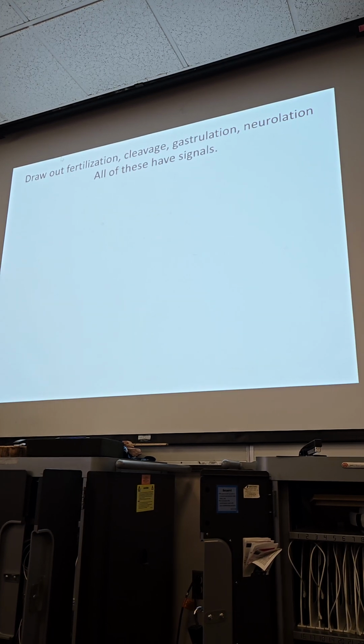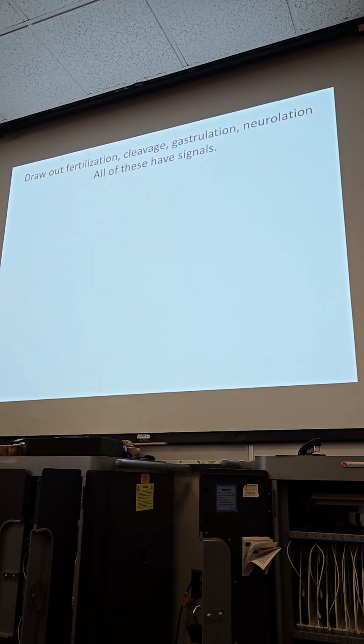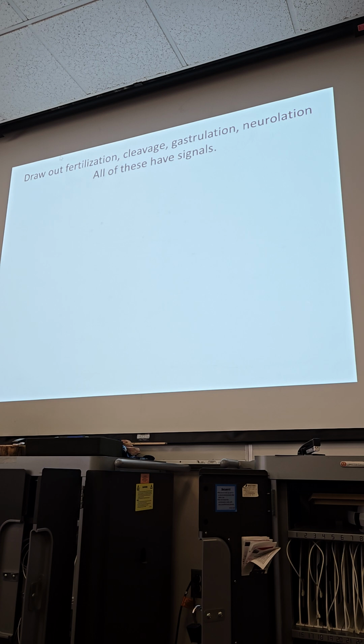What is the receptor found on ectoderm? TGFB. TGFB. If noggin is detected, it turns into neural tissue. Otherwise, BMP4 is there blocking it, turning it into skin. This is during neurulation.